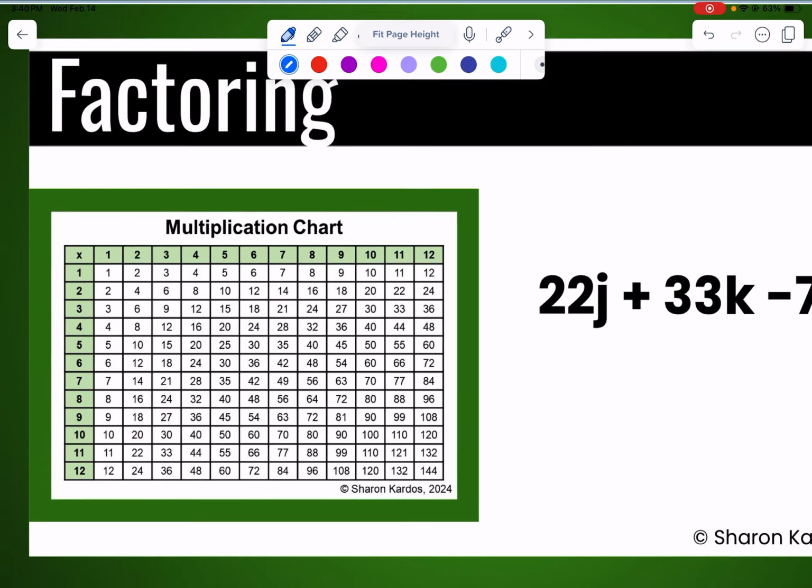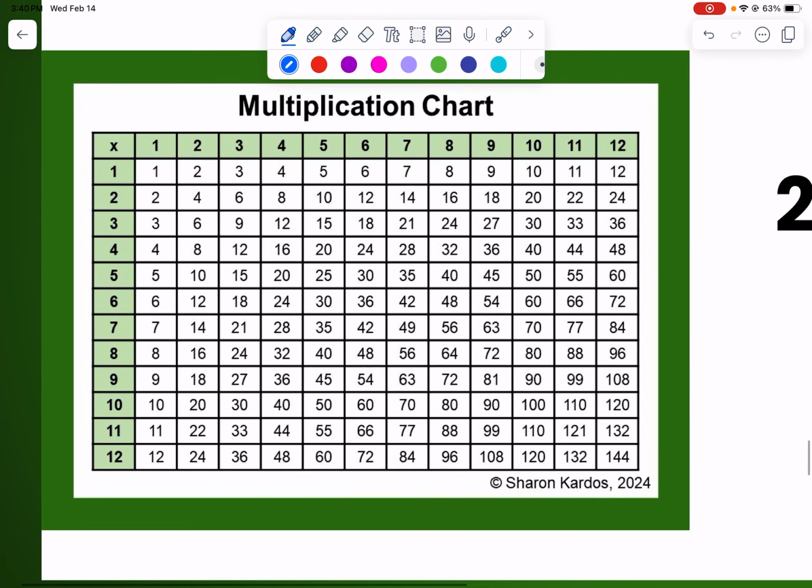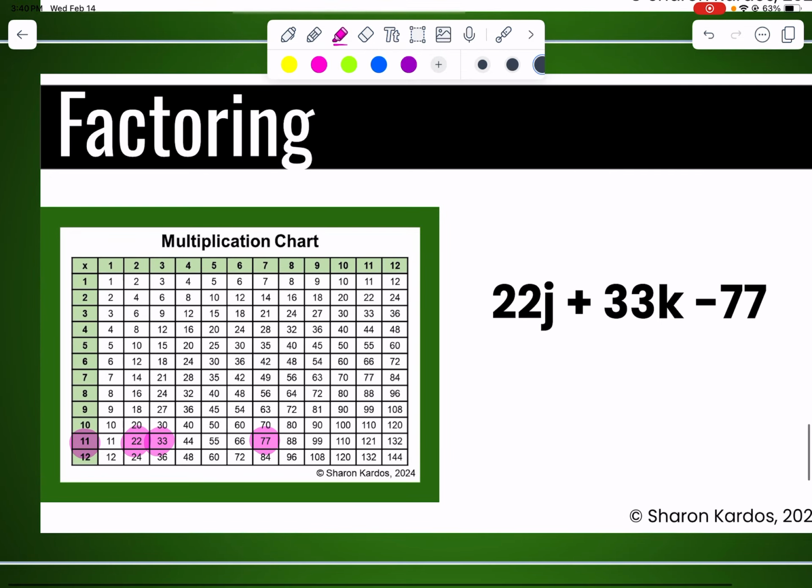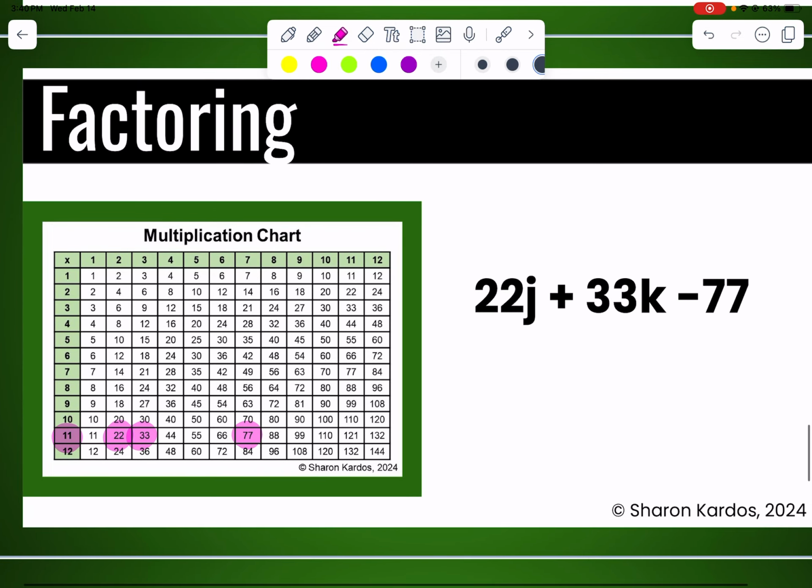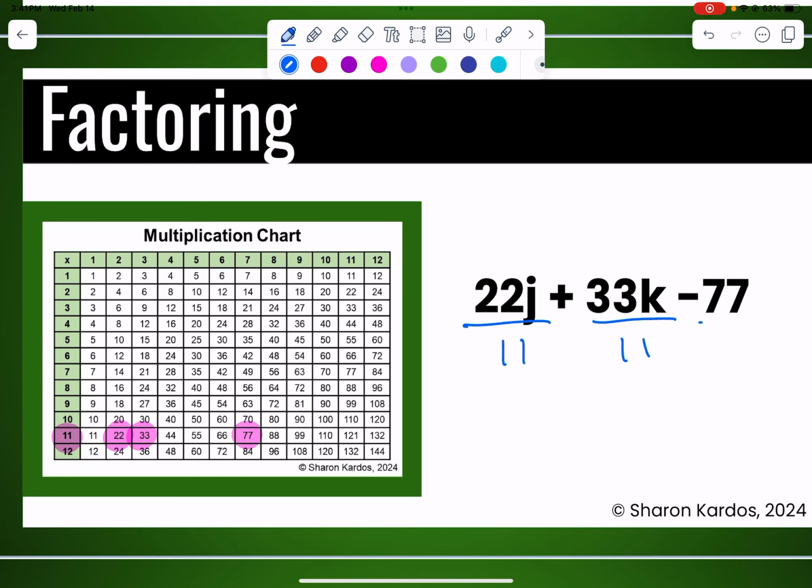Okay, so as I'm zooming in here, I can see that the row that has all 3 of those terms is row 11. So 11 is the greatest common factor of all 3 of these terms. So I'm going to divide all 3 of them by 11.